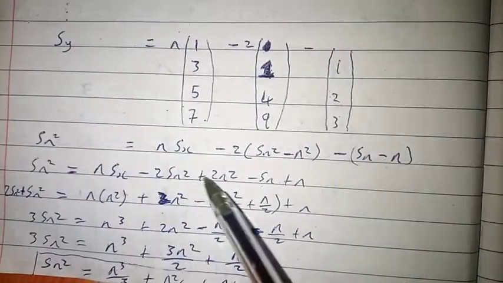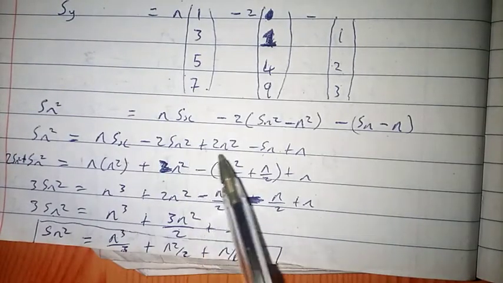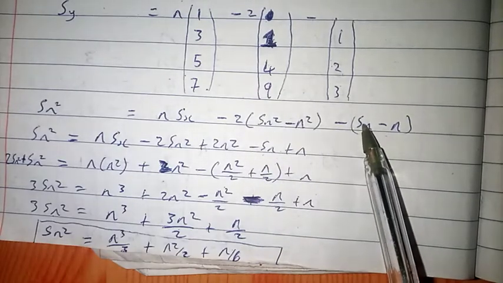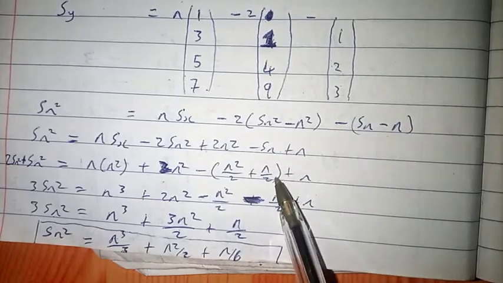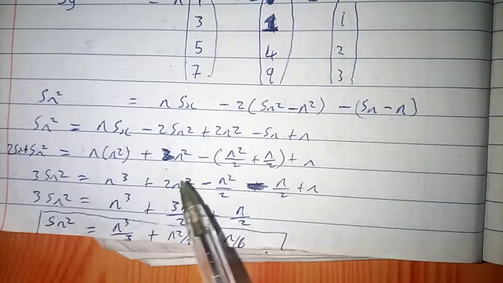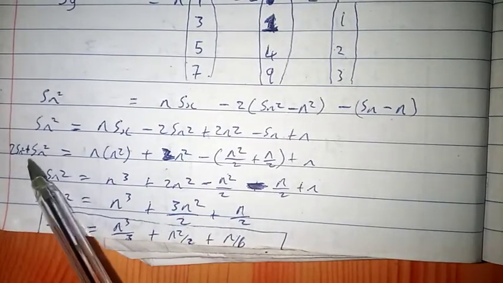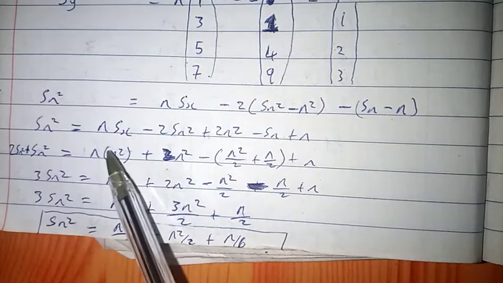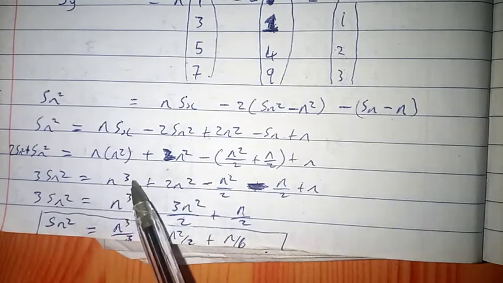So with that, we can expand, and then we substitute the initial values we had for each of these things. The initial value we had for Sn, we'll substitute it and expand the bracket. And then after that, this is basically math. We can collect Sn square over, so it becomes 2 Sn square plus Sn, which makes 3. And then you can run through this, so this is n square, and then it becomes n cube.